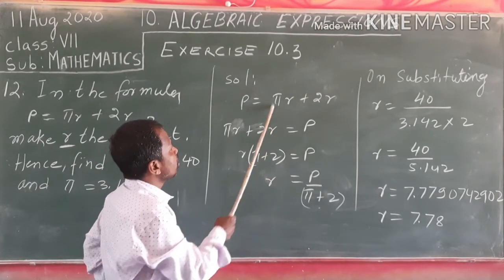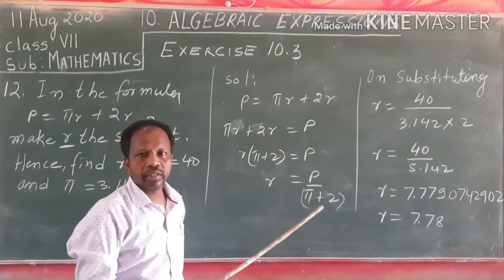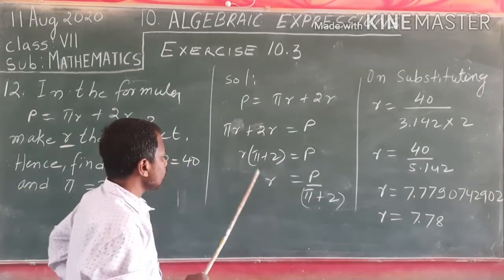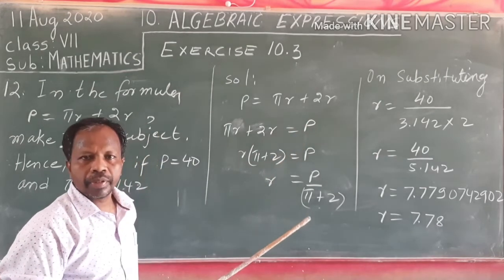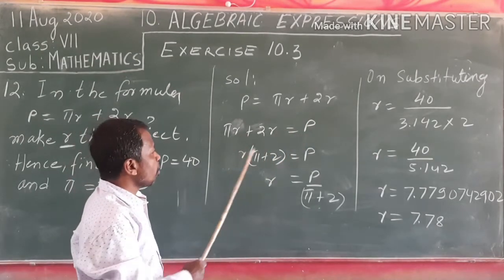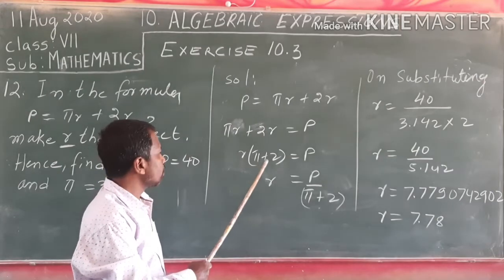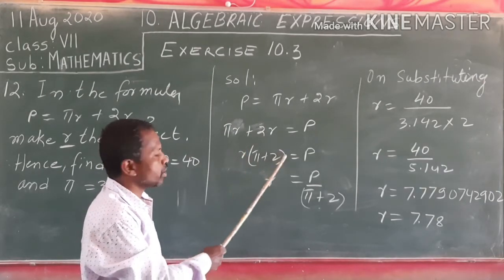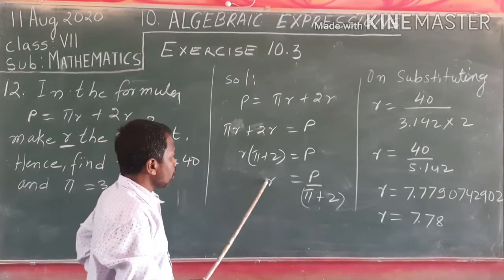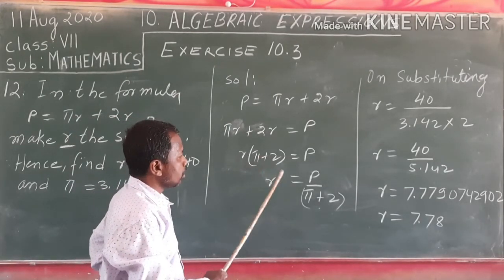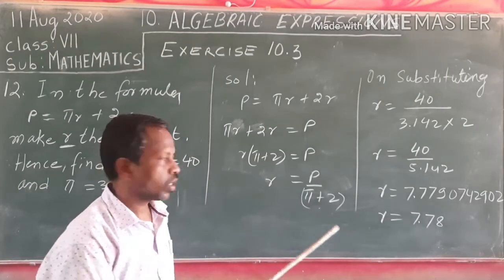Now we will write this on the left hand side and P on the right hand side. So we get pi r plus 2r is equal to P. Here r is common. Pi plus 2 will become in the bracket. Now r we take alone, and when it goes to the other side on transposing, it becomes what?